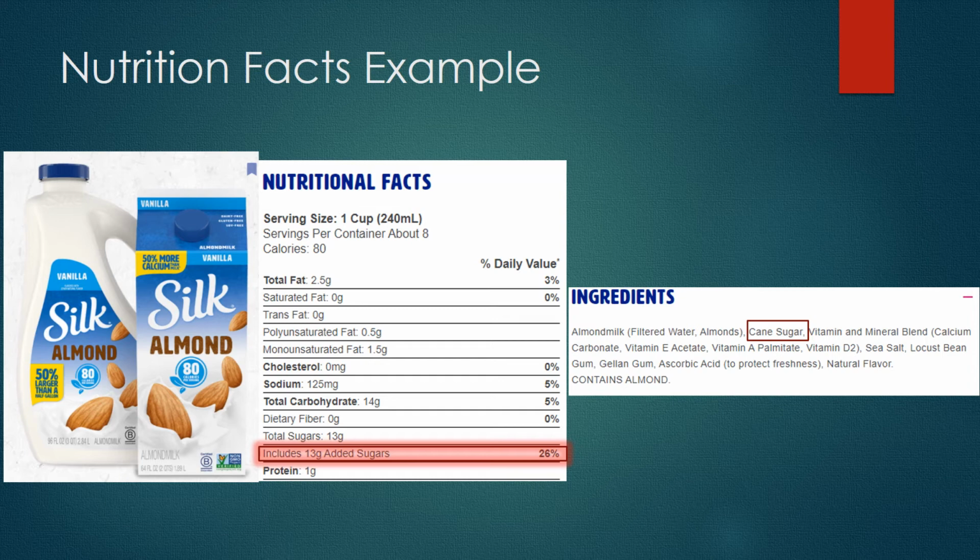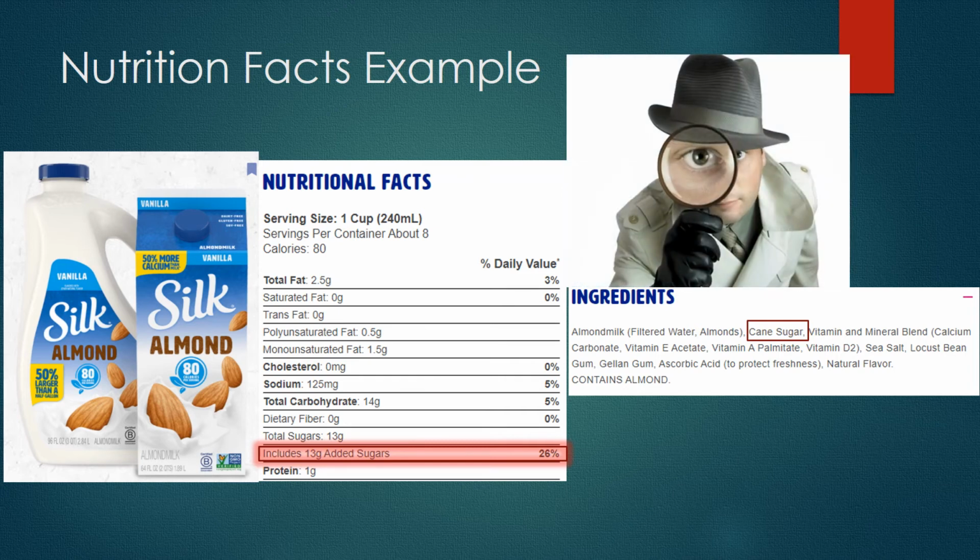When looking at the ingredients list, the first ingredient is almond milk, which consists of filtered water and almonds. The second is cane sugar. This is our source of added sugars. What we encourage is reviewing the nutrition facts label and ingredients to become a detective as you search for sources of added sugars.